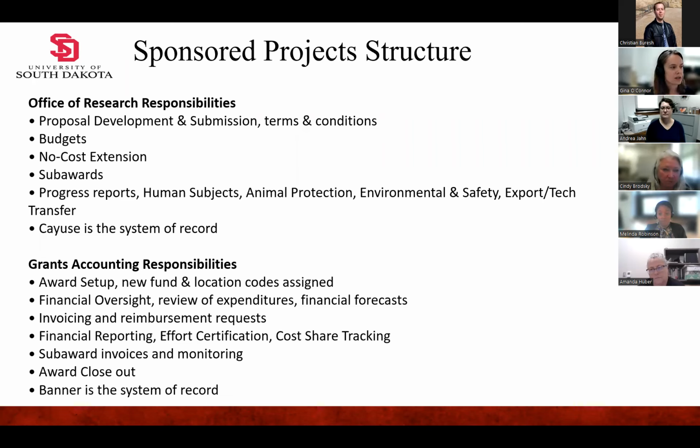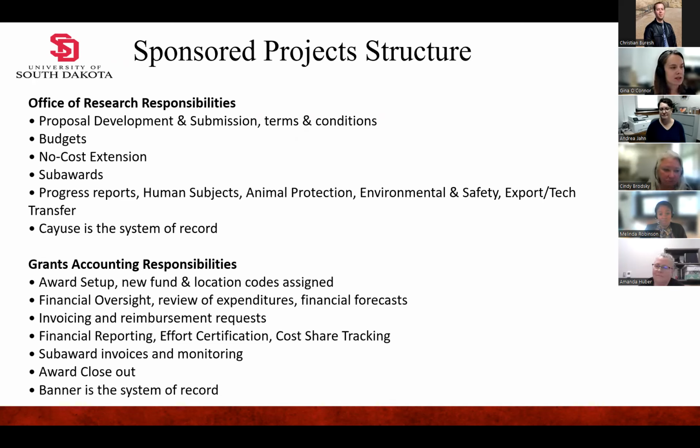We administer subawards. Subaward is a third party that you're awarding to complete a certain portion of the work of the grant. They typically involve a lot of paperwork, but we're pretty good at subawards.